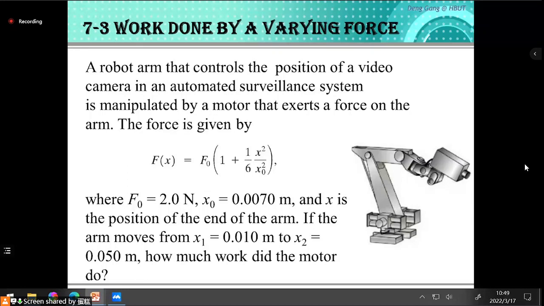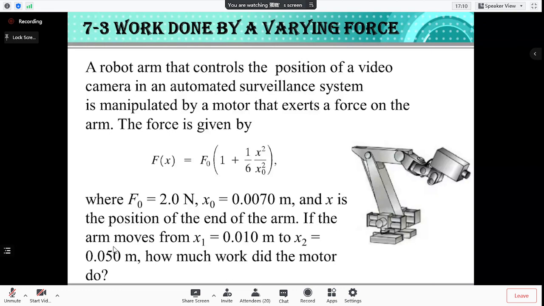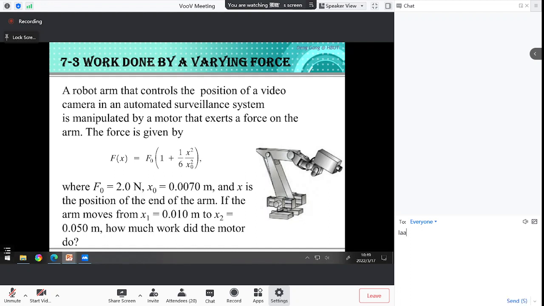The force is given by this equation, where F0 is equal to 2.0 Newton, x0 is 0.0070 meter, and x is the position of the end of the arm. If the arm moves from x1 equal to 0.01 to x2 equal to 0.05 meters, how much work did the motor do?